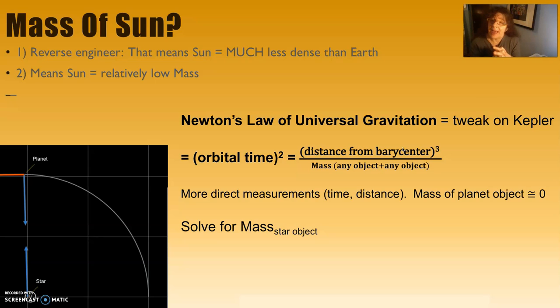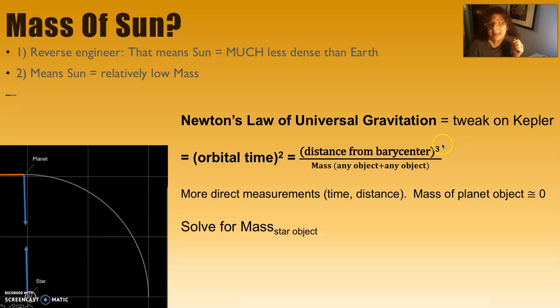And at that time, Newton said, you know what? That's fine to look at the sun and the planets, but gravity is universal. So we should be able to put the center of gravity between two objects as part of this equation.